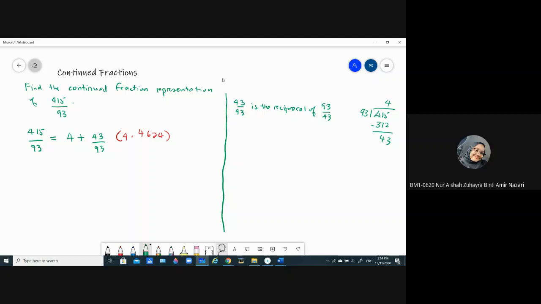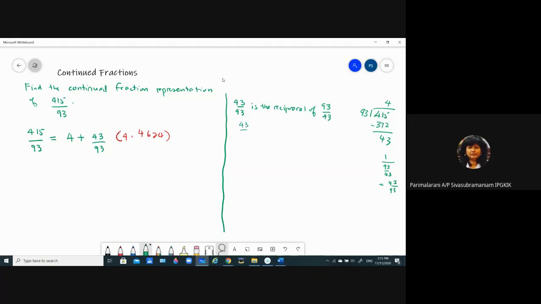Yes. Correct. 43 over 93 is the reciprocal of 93 over 43. Why? 1 over 93 over 43 is 43 over 93.